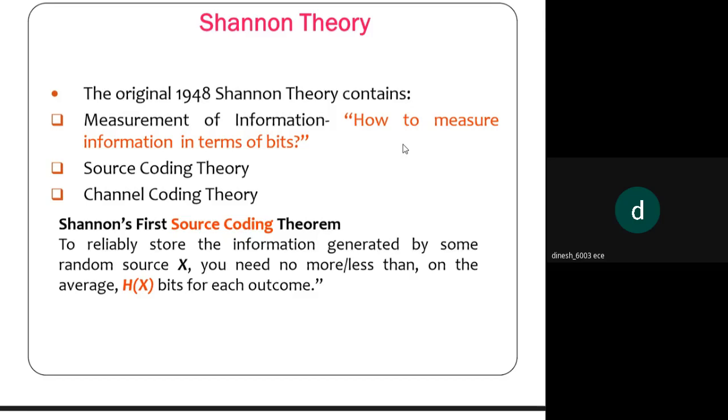I'll give you a relevant example. If I have 100 bits to be transmitted, the coder should have an efficiency of more than 100 symbols such that information will be reliably transferred.